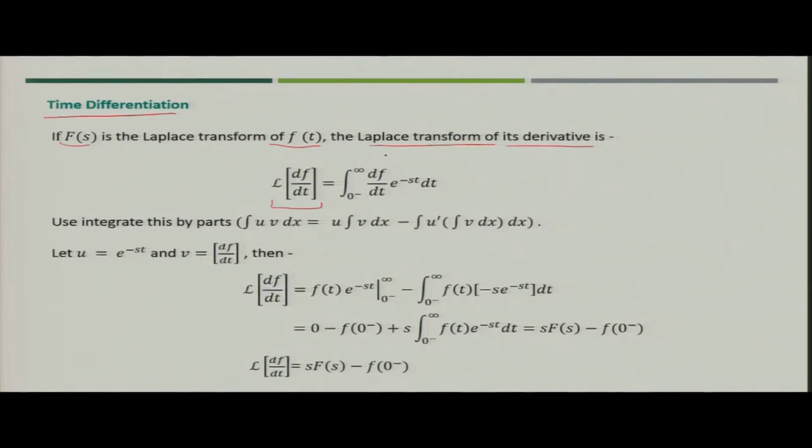Now, how will you solve this particular type of integral? We will use the integration by parts method. What does this method say? Suppose there are two functions u and v.